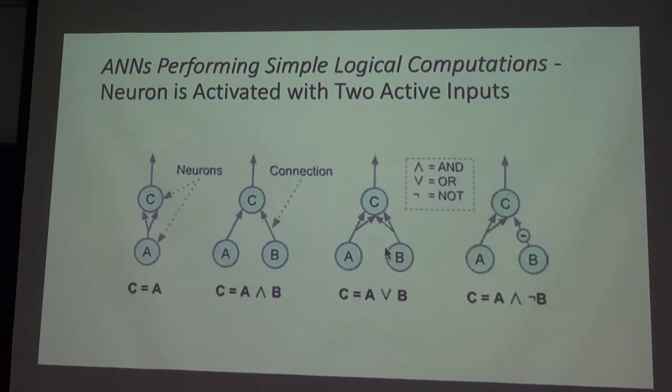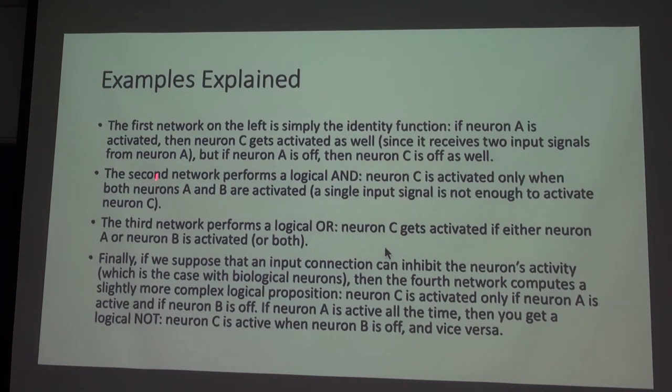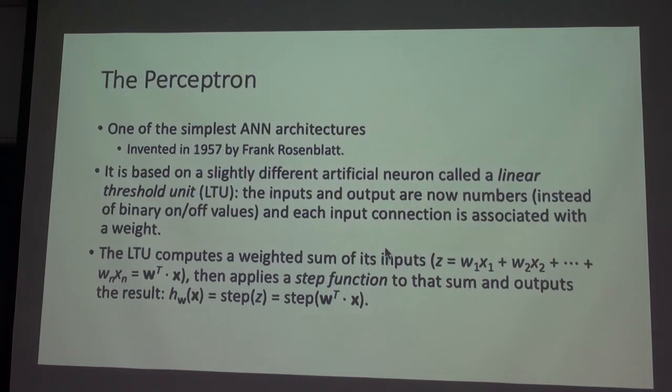Still, you can easily create neural networks that compute exactly the complex proposition that I give you. It's not an issue. So this is the explanation. I don't think I need to go through that. It's very easy.